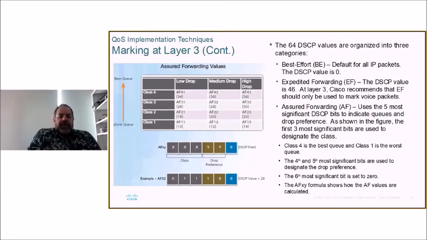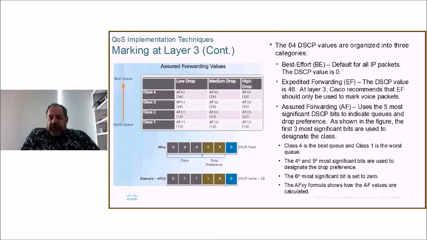So, more layer 3. With that field, you've got categories. Best effort, value was 0. Expedited forwarding is a value of 46, and that should only be for voice packets. Assured forwarding uses the 5 most significant DSCP bits to indicate queues and drop preference.